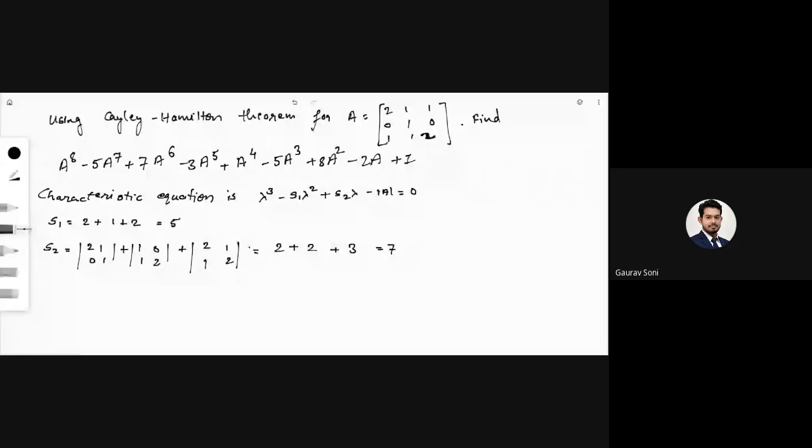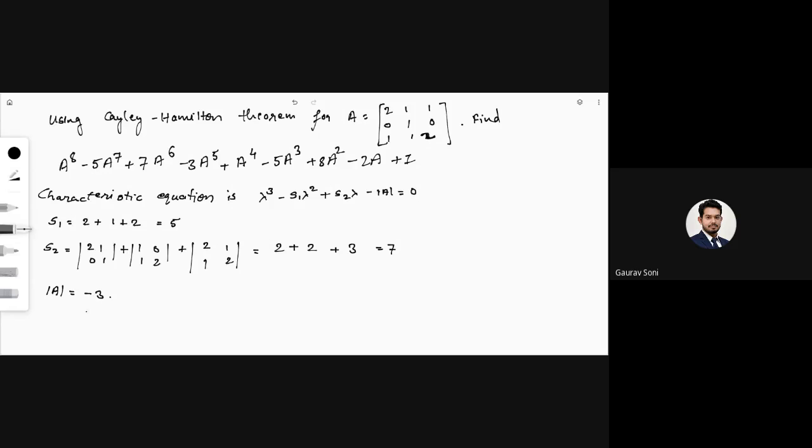And last one, determinant of A, you can find out, and that is minus 3. Is that correct?